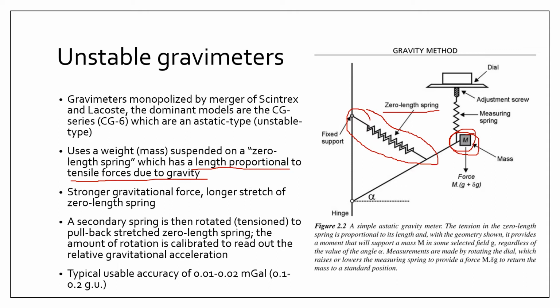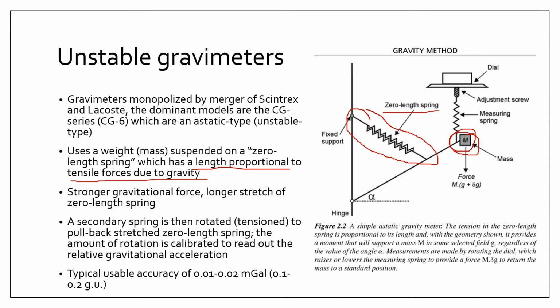So it means that its length can be easily converted into force due to gravity. Okay, so it has a predictable behavior, which is the most important feature of a zero length spring.